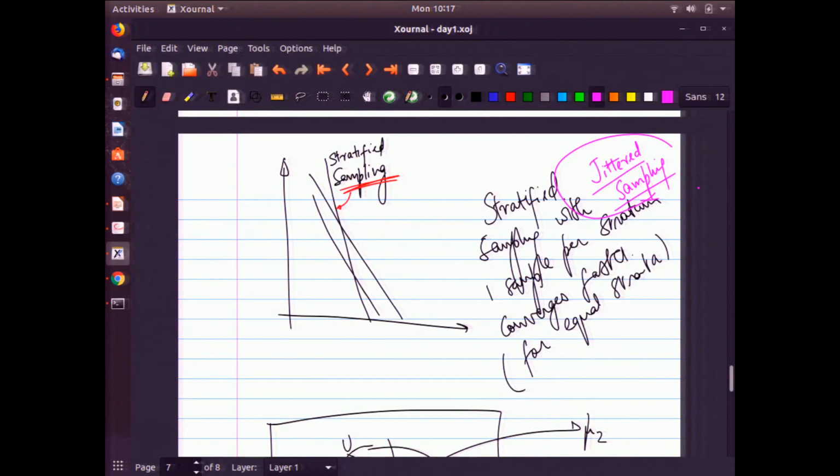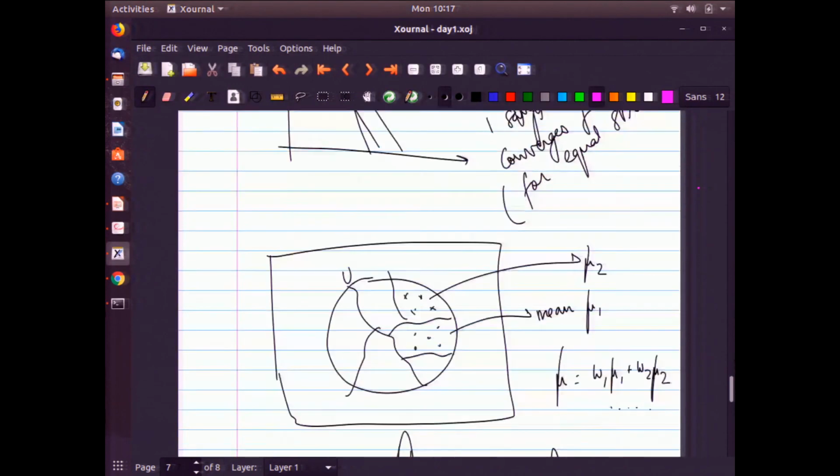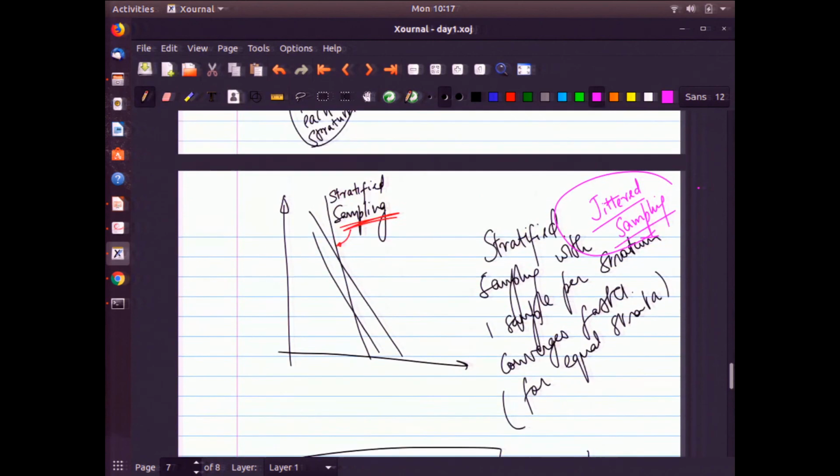So the way you would generate jittered sampling is you would take what is called a Dirac delta, or a sharp function, which means previously you were doing this. You will take each of these and perturb it in the x direction by a value that's half the distance between these. That way you're guaranteed to cover the entire domain, because every sample will go from its minus half to plus half.